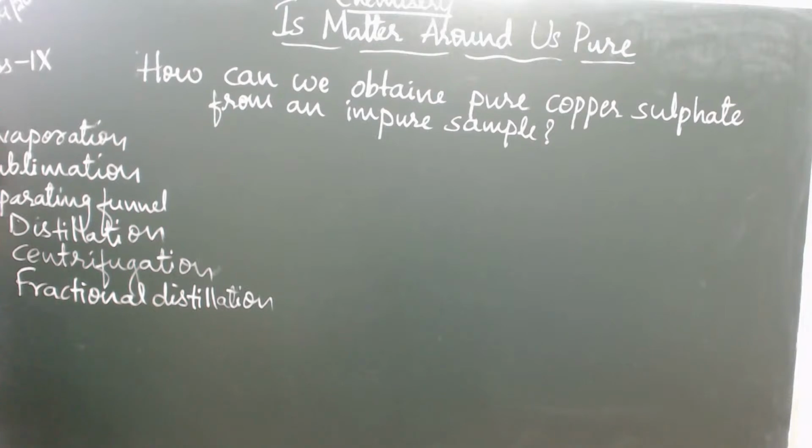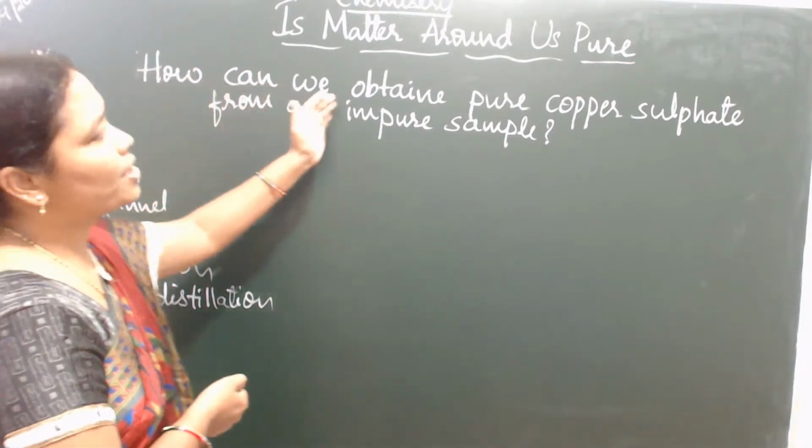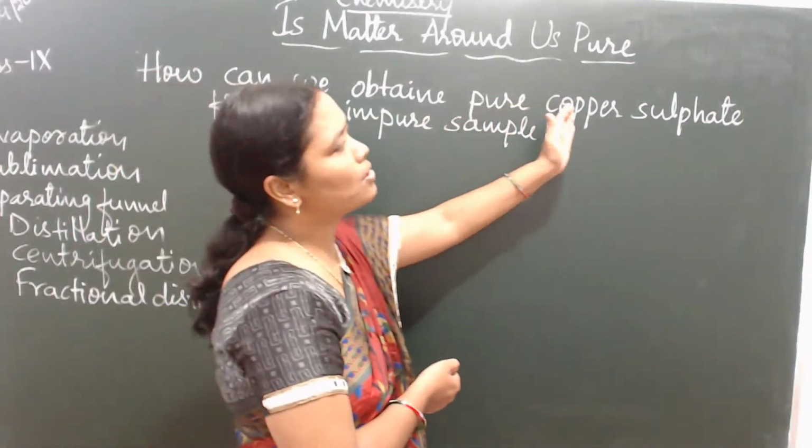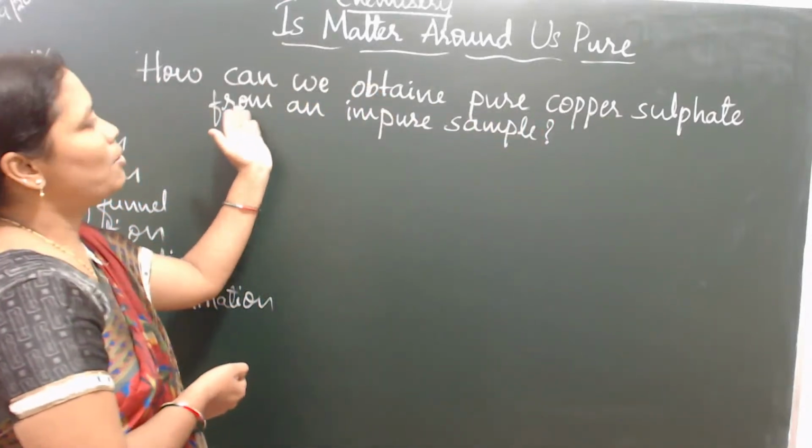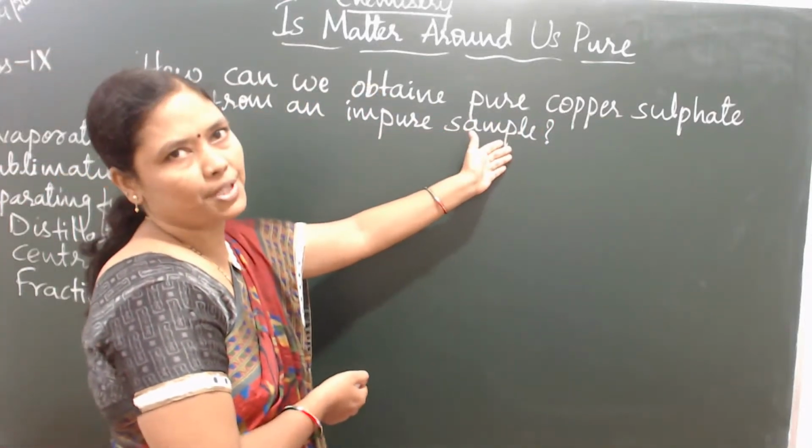Here in the centrifugation method, we can separate the components with the help of the filtration method also. So today let us learn how we can obtain pure copper sulfate from an impure mixture.